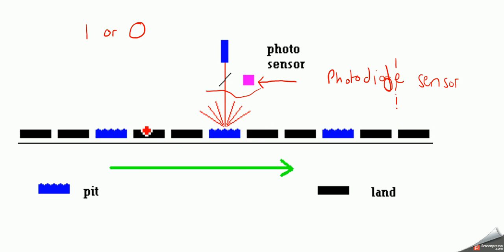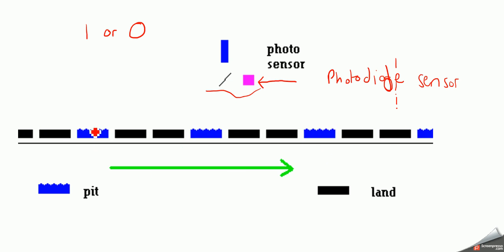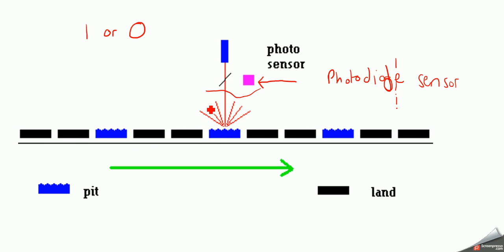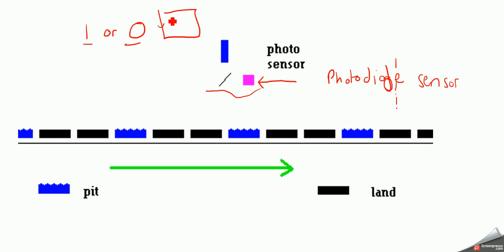So when you're watching a movie on a CD, not DVD, CD, you've got lands and pits. When it hits a land or pit, it reflects differently to see whether or not it's a 1 or a 0, which will then alter what's displayed on your TV screen.